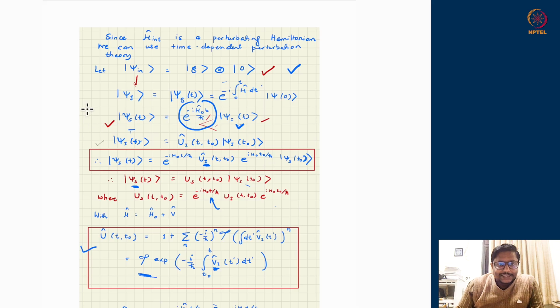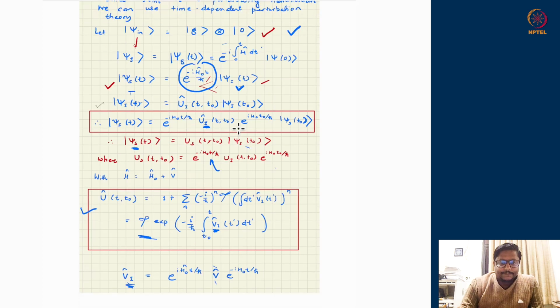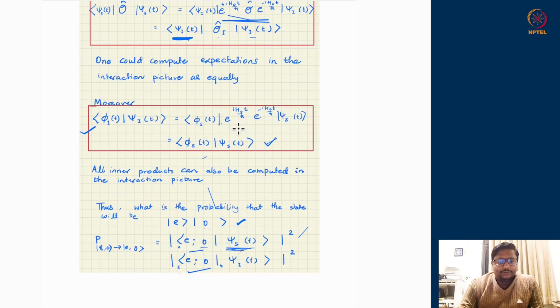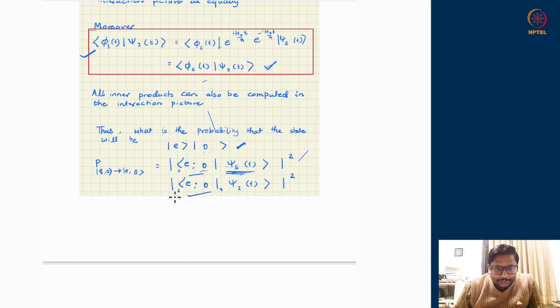So e to the power plus i H0 t upon h bar, where H0 is the free Hamiltonian, acting on the Schrodinger state gives me the interaction wave function. So that is the information which we have to be alert about. So when I am writing E0 in the interaction picture, this is at time t. That means it is obtainable from the Schrodinger E0 through e to the power i H0 t upon h bar. That's all. And similarly for psi S of t.